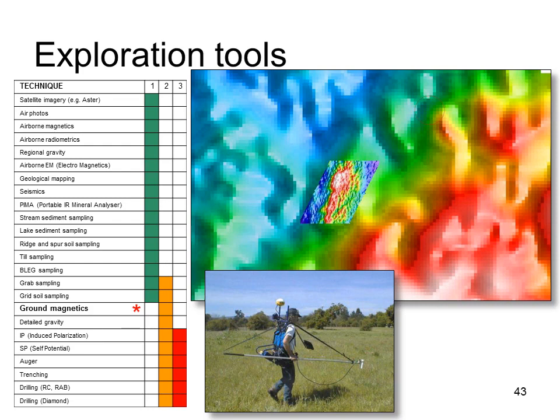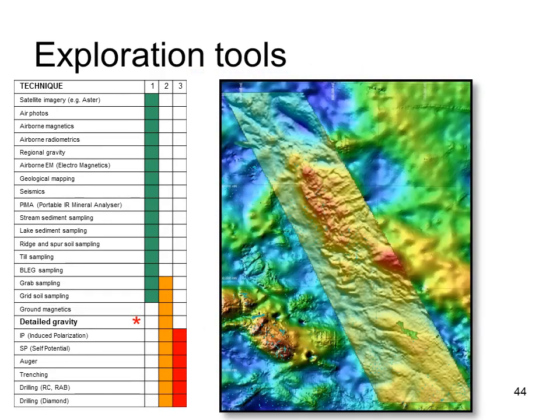It is also useful for defining structure if the mineralization itself isn't magnetic. It can be used for VMS, SEDEX, sulfide nickel, porphyries, iron ore, Archean gold veins, chromite, and platinum group metals. In fact, magnetics is one of the most useful and most widely used exploration techniques.